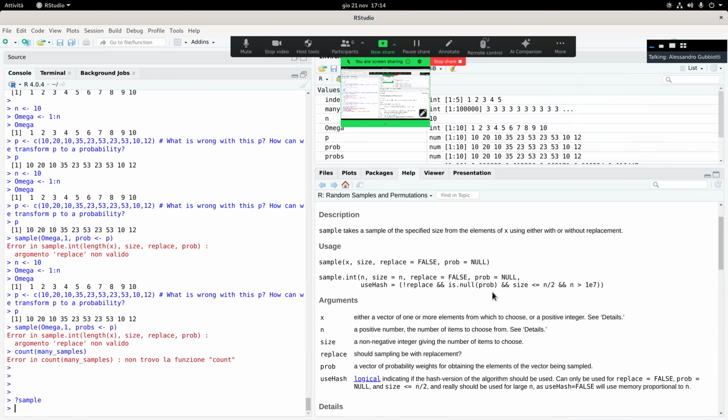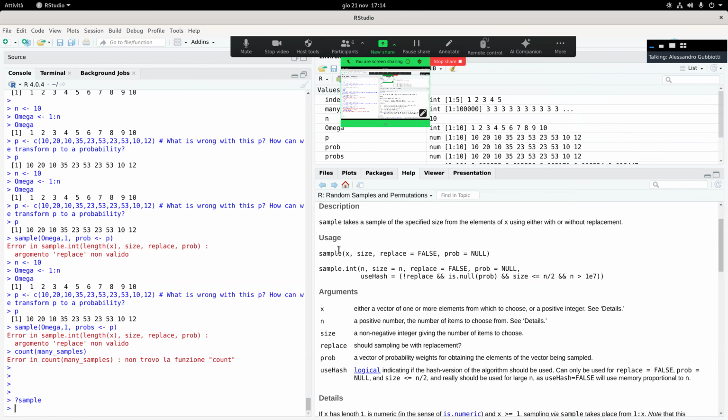So let's see this sample. This sample takes a sample of the specified size, which is 1, from the elements of x using prob. Let's see what prob is.